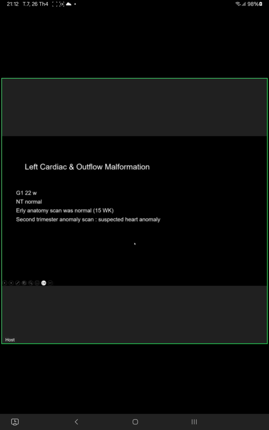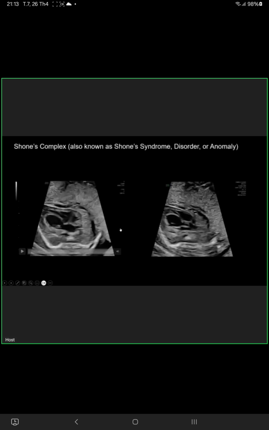Okay? This is a case, G1, 22 weeks, normal nuchal. Early anatomical scan was normal at 15 weeks. Second trimester anomaly scan, suspected heart anomaly.